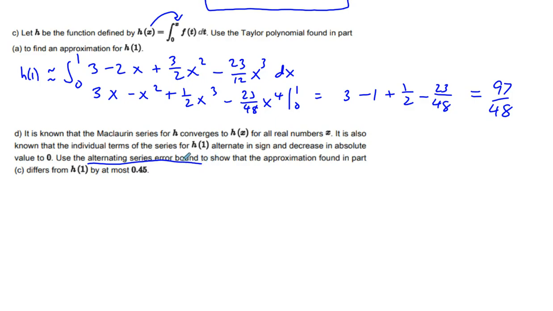And what we learned, what we saw, was that the alternating series error bound is simply the next term as an absolute value, but it's the next term in the series. Well, this was the last term we worked with. All we need to do is figure out what the next term would have been. That would have been the 4th degree.